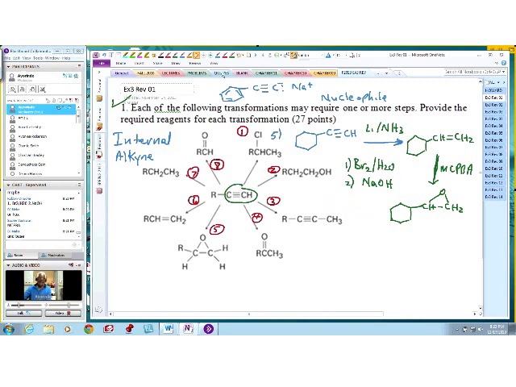Now, the bromine water will react with the carbon-carbon double bond, if you recall, to form what we call a bromohydrin.